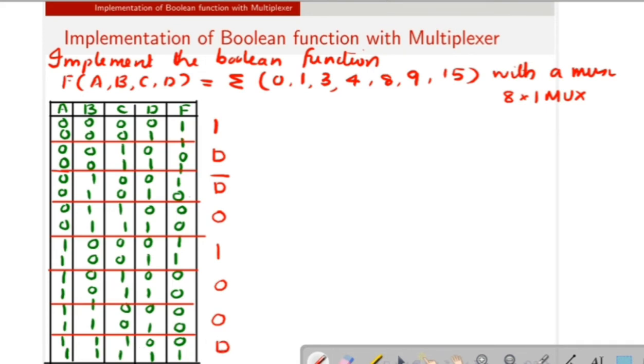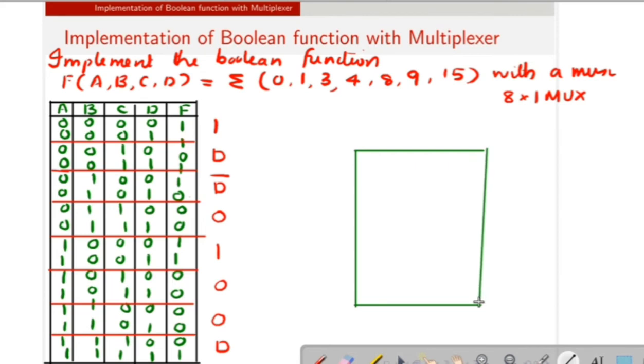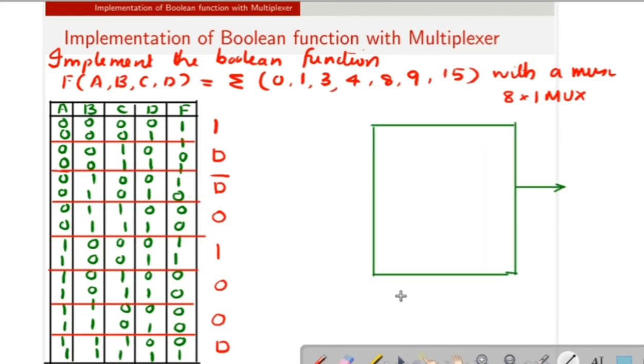Okay, now we can draw the logic circuit for this function using 8x1 multiplexer. Okay, so this is the 8x1 multiplexer with one output. How many selection lines? 3 selection lines. So we can mark it.